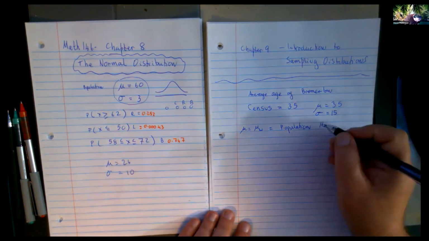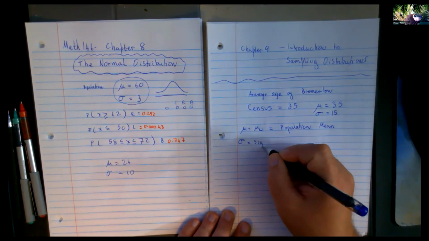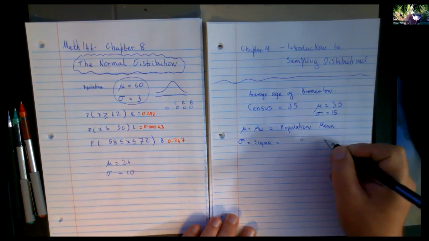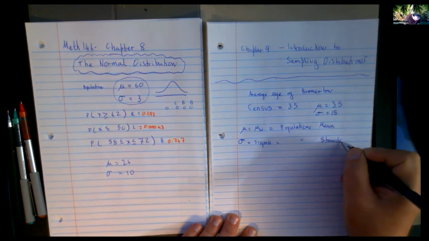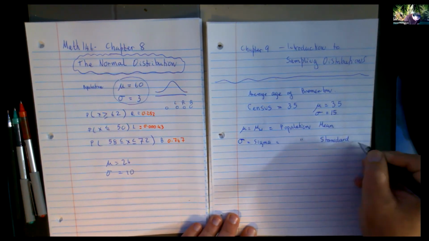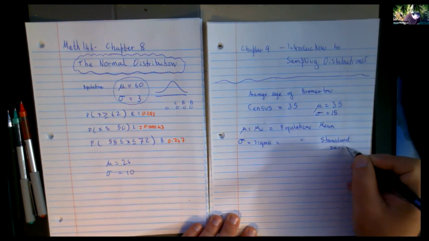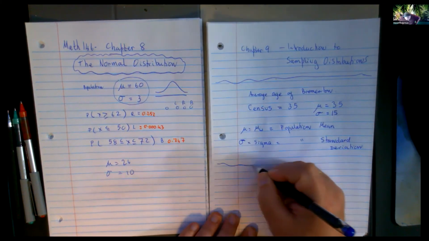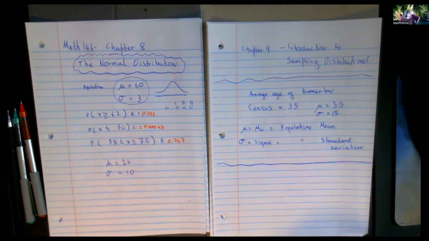And that is the letter we pronounce sigma, and that's the symbol that we use for the population standard deviation. Now, if I did a census of Bremerton and I found their ages, then everything I could possibly want to know about the ages of people in Bremerton, I know.